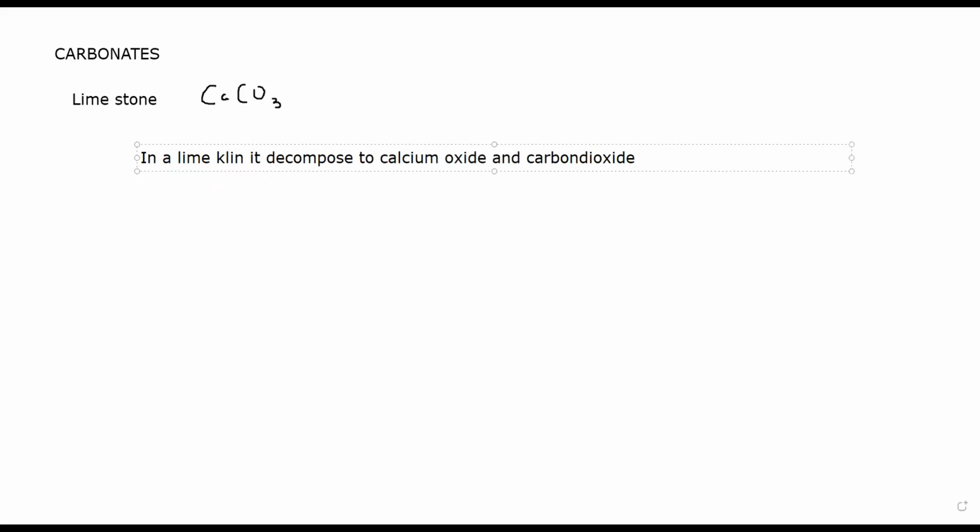So basically a thermal decomposition reaction occurs if we have calcium carbonate, which is CaCO3. It decomposes into calcium oxide plus carbon dioxide. The state of calcium carbonate is solid, calcium oxide is solid, carbon dioxide is gas.